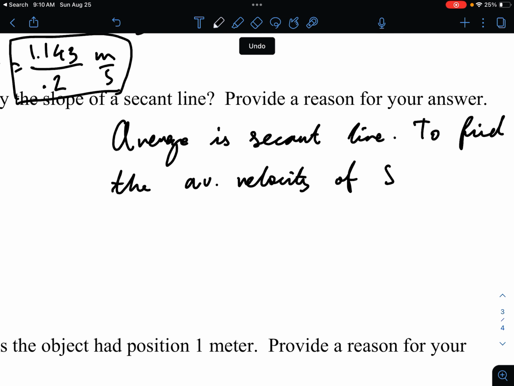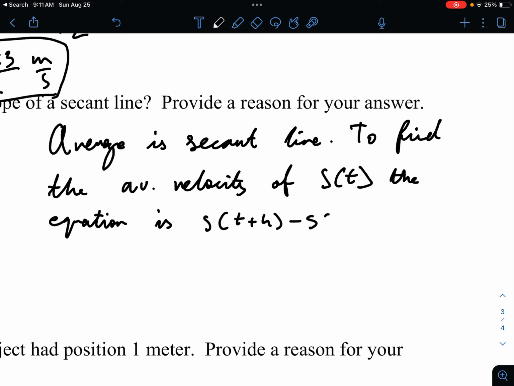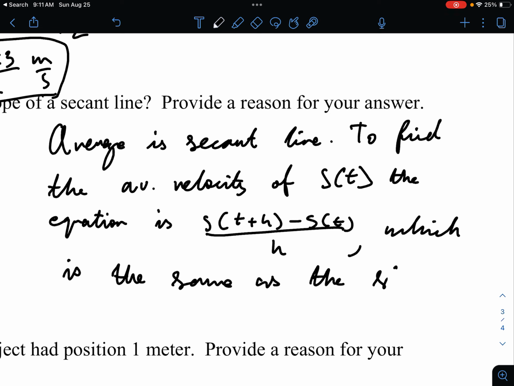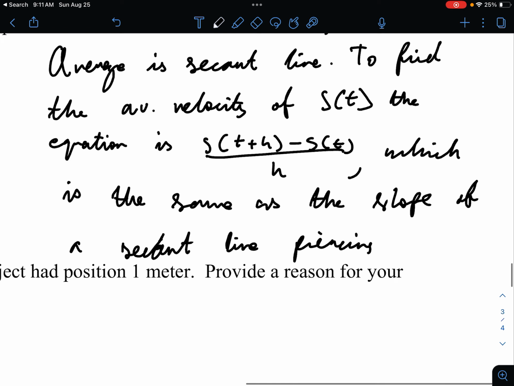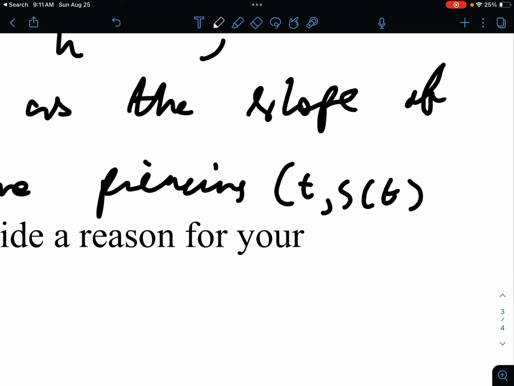The equation is s of t plus h minus s of t over h, which is the same as the slope of a secant line piercing, and I'll say t, s of t, and t plus h, s of t plus h.